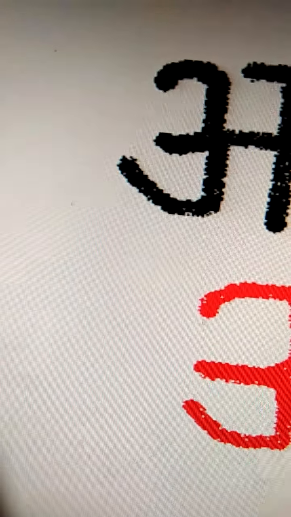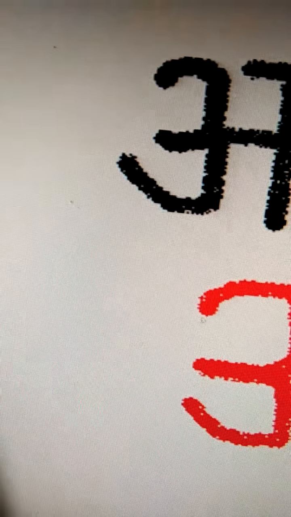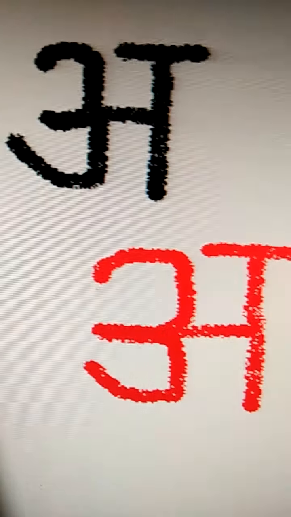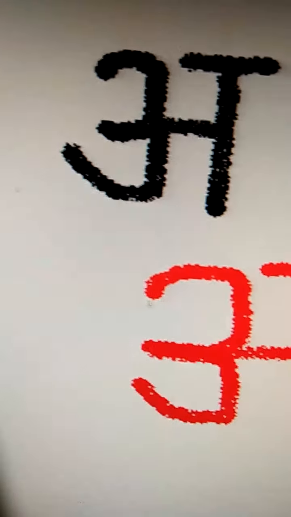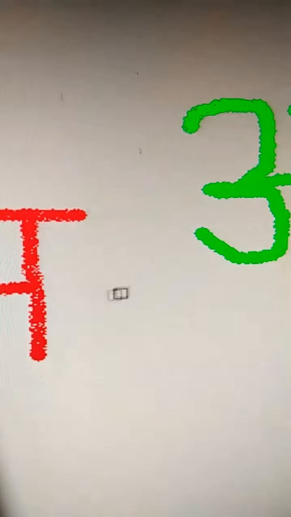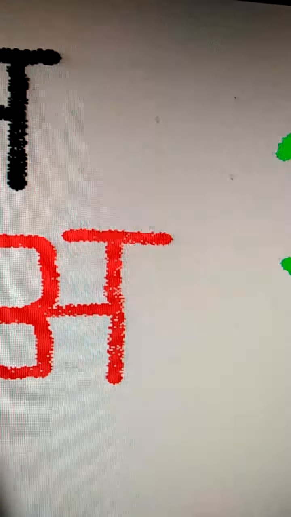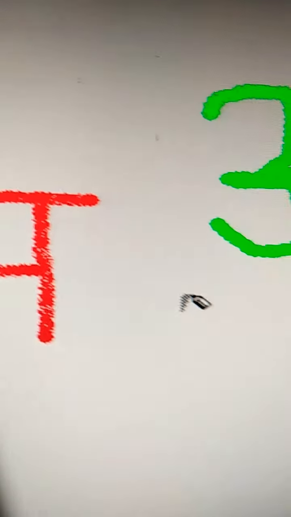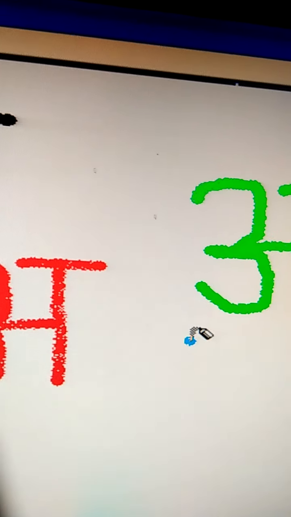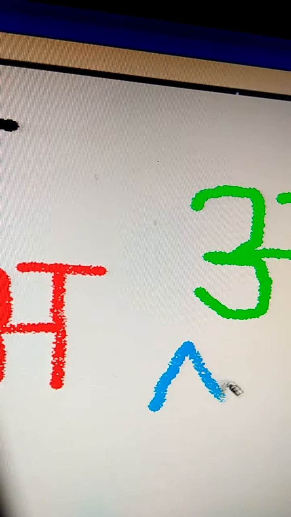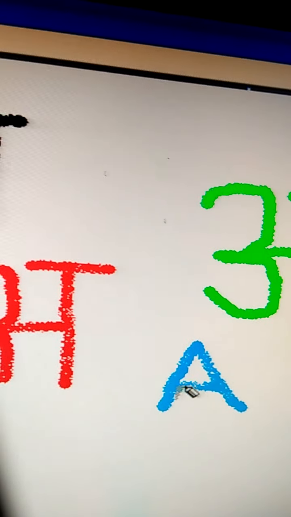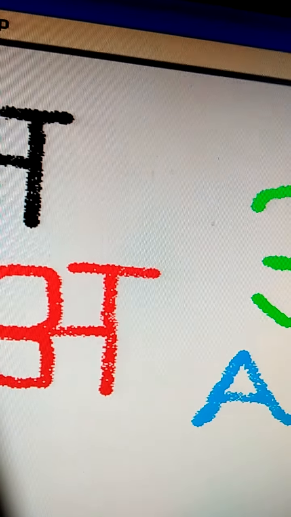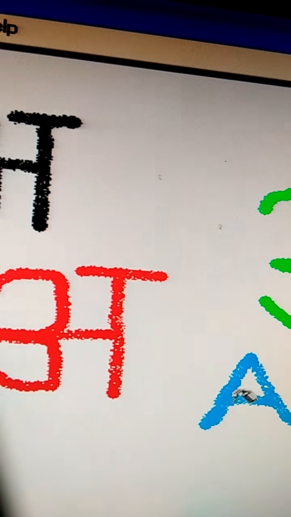In English, A can be written as, again I am writing, see this. A. A is pronounced as A in English.